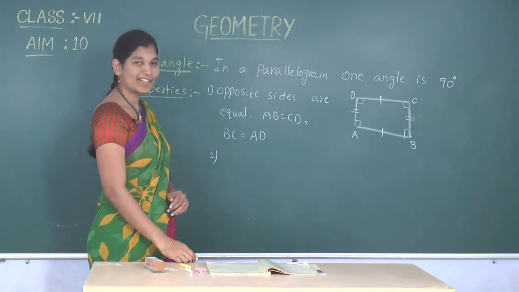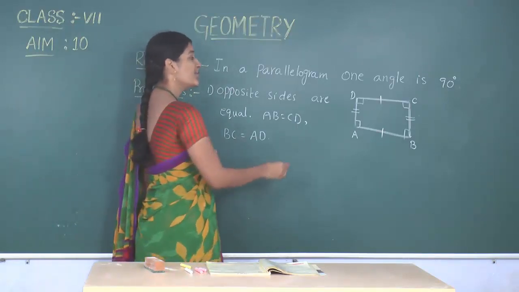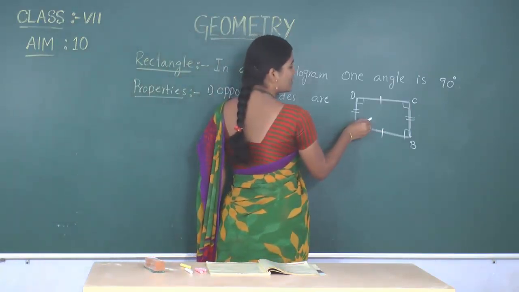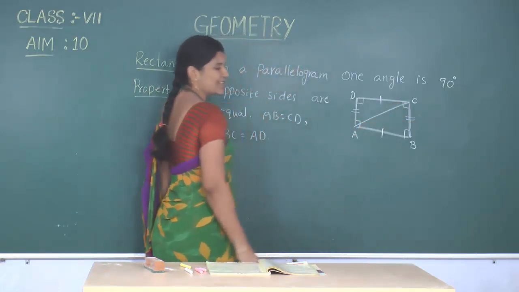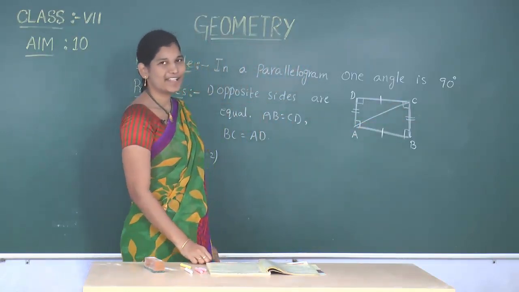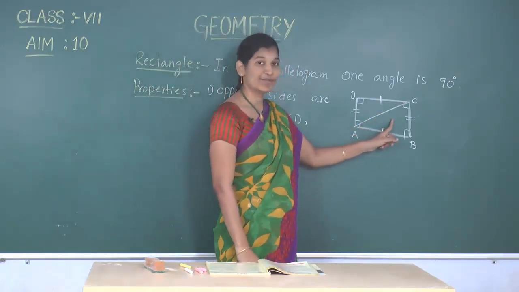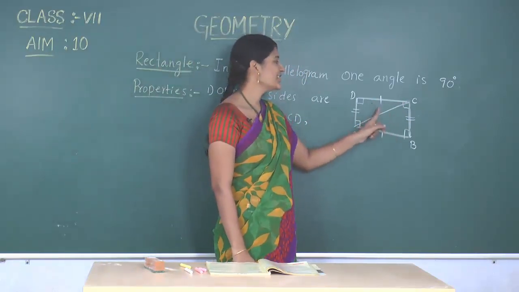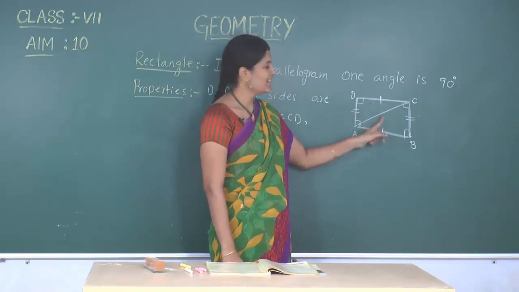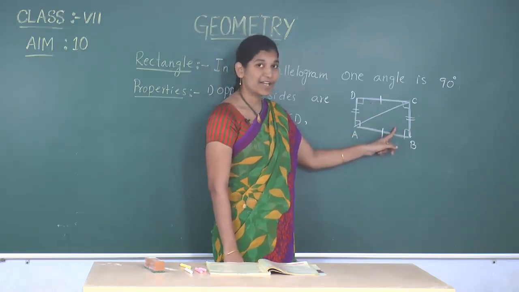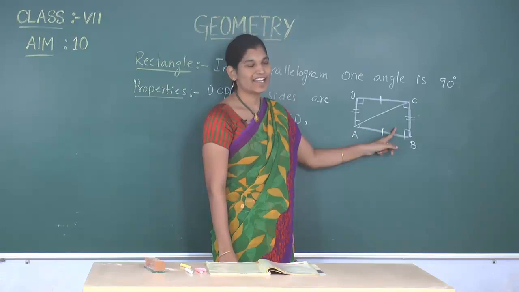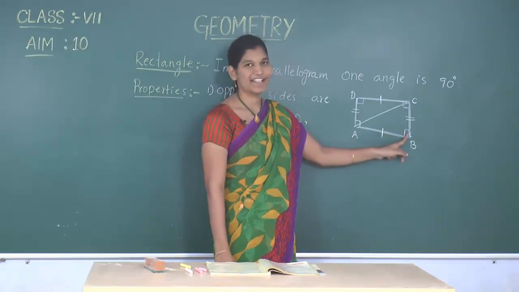And the next one is, here also we can draw diagonals. How many diagonals can we draw? Of course, 2 diagonals. Here each diagonal divides the rectangle into 2 congruent right triangles. Here see, why I am saying this is a right triangle means here one angle is 90 degrees.